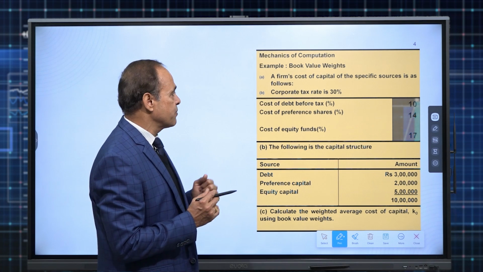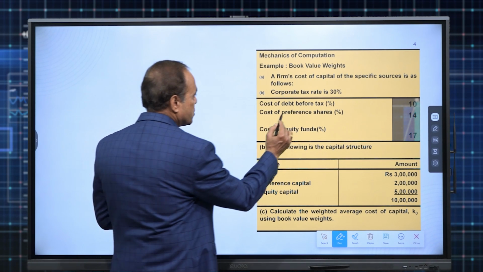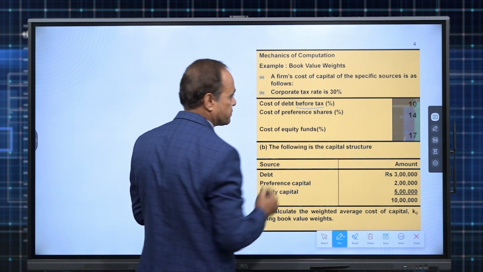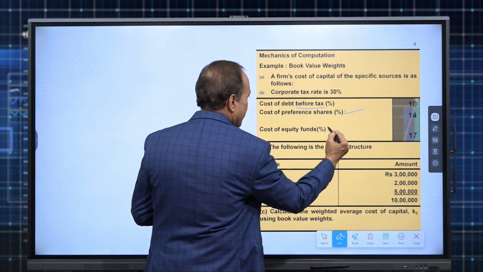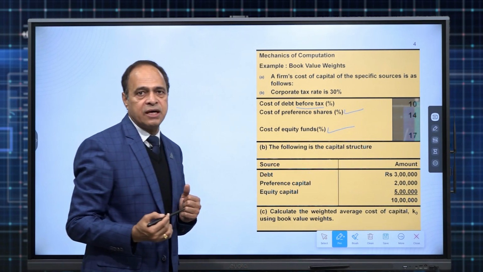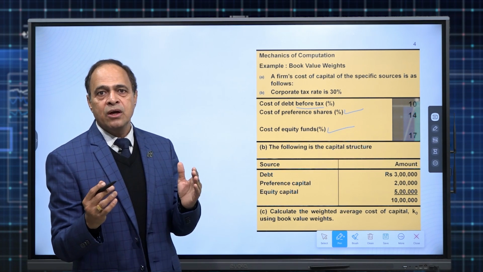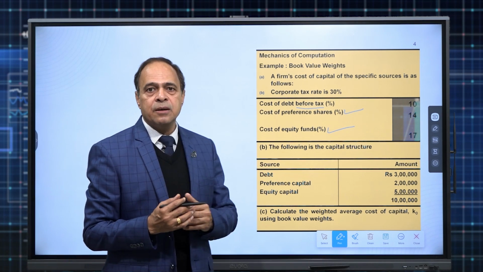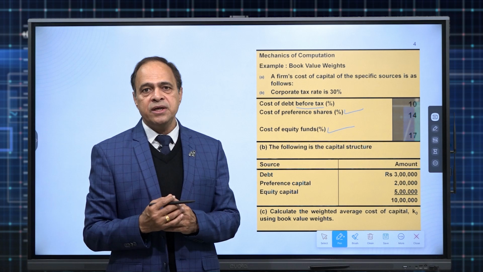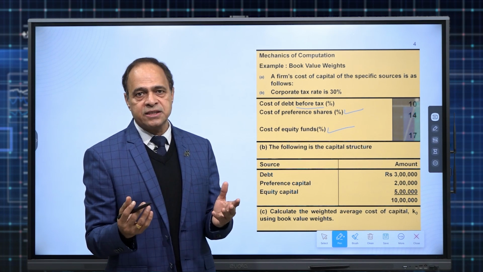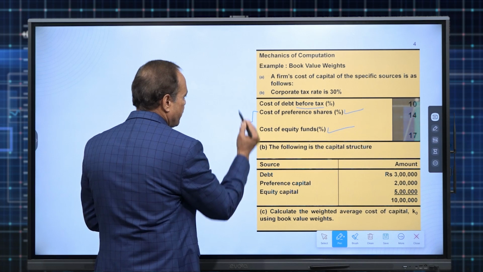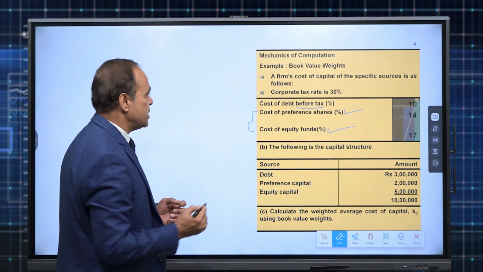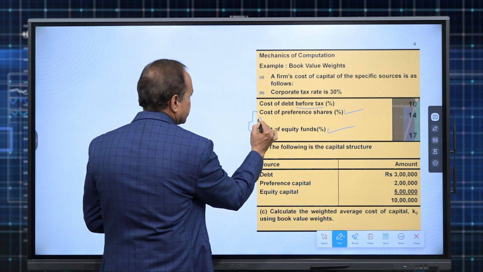Now pay attention. What is given to us? Cost of debt is before tax. By default, cost of preference is always after tax, and by default, cost of equity is after tax. The reason being, on equity and preference, the company is paying the dividend, and dividend is paid out of the after tax income. So therefore, without any glitch, the cost of these two sources is always after tax.